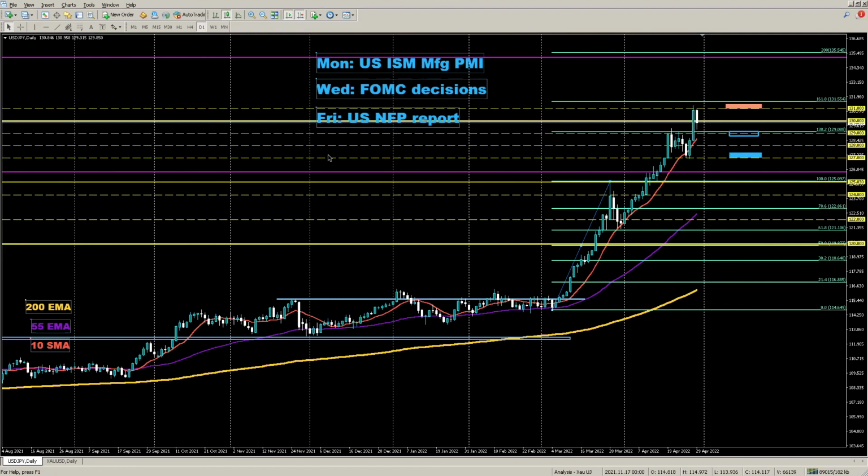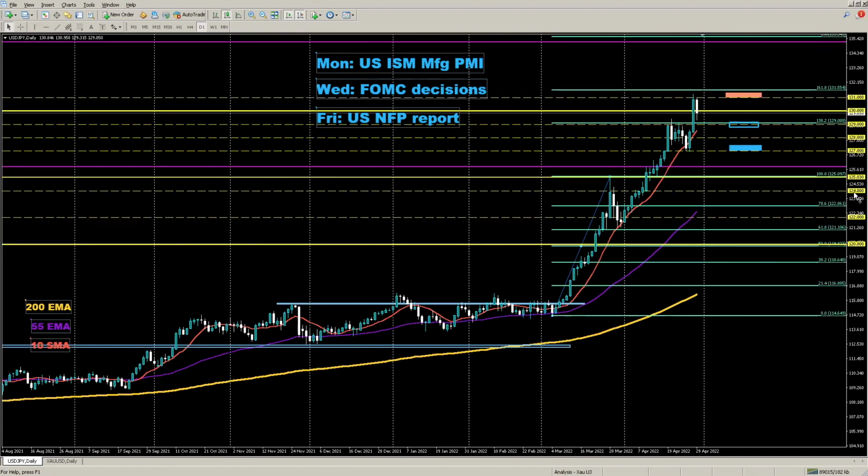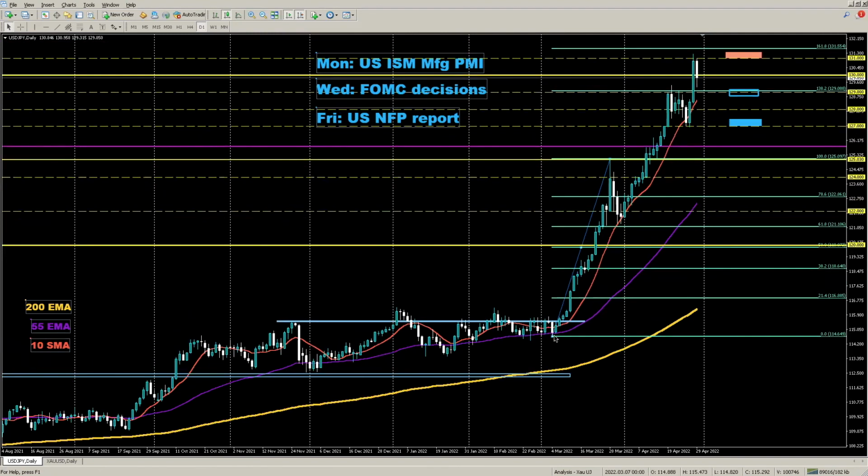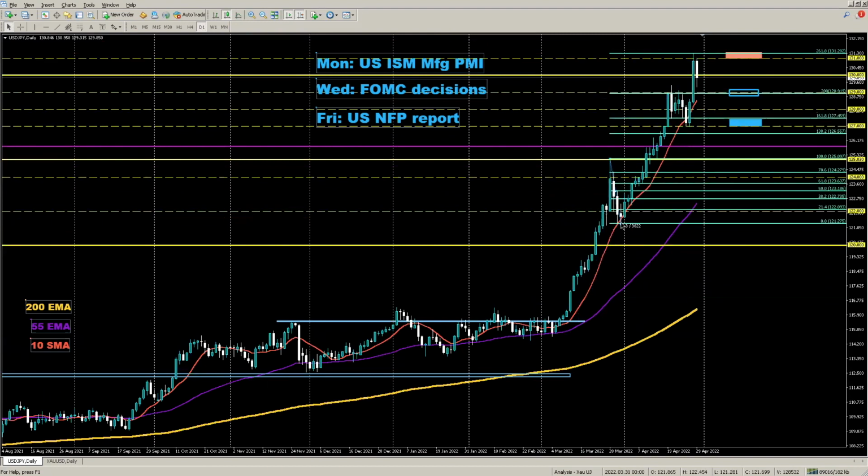So we'll see. Next week, the FOMC meeting is already on track to increase rates by another 50 basis points. So we'll see how bullish this dollar is going to be against the Japanese yen.